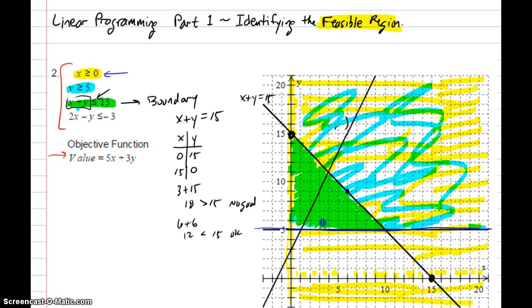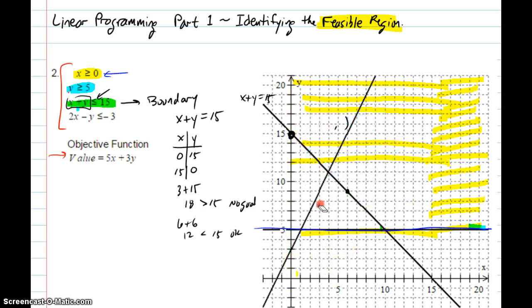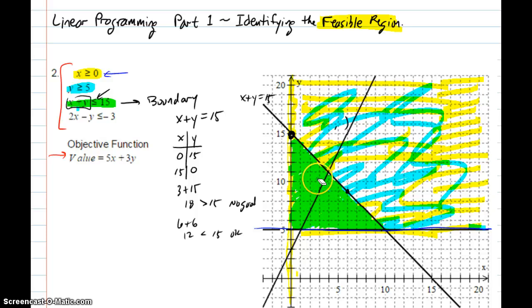Please note there are other points that I could shade that are below this line, but they've got to be in the spot where x is bigger than 0 and y is bigger than 5. I'm going to get rid of these other things because they're no longer in that region. So right now it's just the green space that I want. I didn't mean to erase that. It's this stuff right in here that I'm interested in.